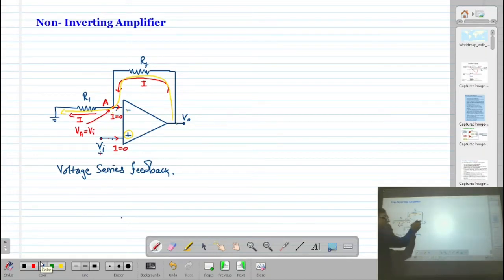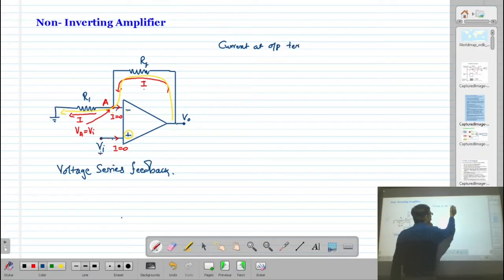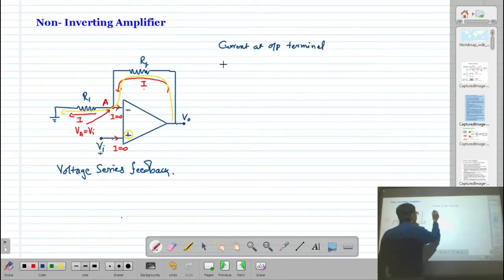If we calculate the current at the output terminal, we can write the current I is equal to, by Ohm's law, I is equal to V by R. V means the potential difference. And what is the potential difference? Here one of the potentials is VO, another potential is VA.